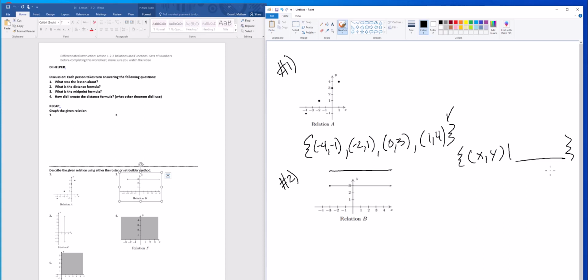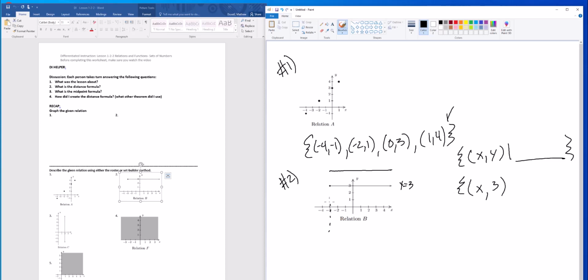Well, the first big hint is that if you notice, this is y equals 3. My y value has to be 3. So immediately I can make my y value 3. Now my x value seems to have a bunch of different things going on, so I'm going to have to state what x is doing.